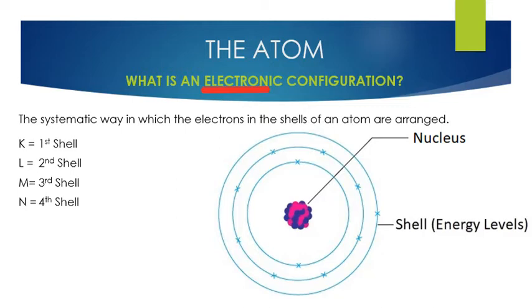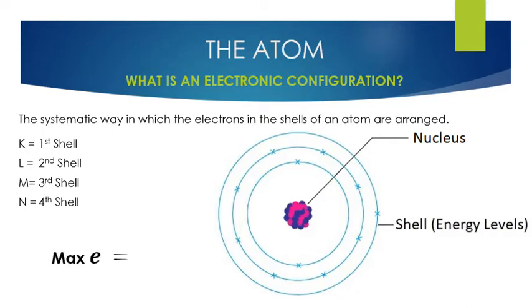Now, there's an important principle you should always remember when we're talking about electronic configuration. This is no other than the maximum number of electrons that can be found in each of these shells. Well, there's a formula that is used to represent this phenomenon.